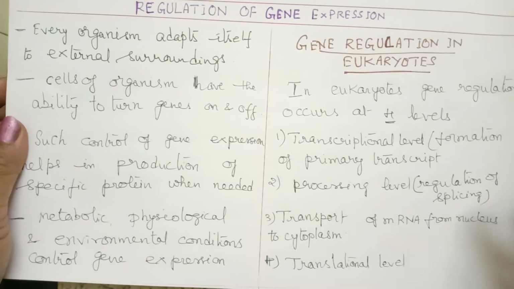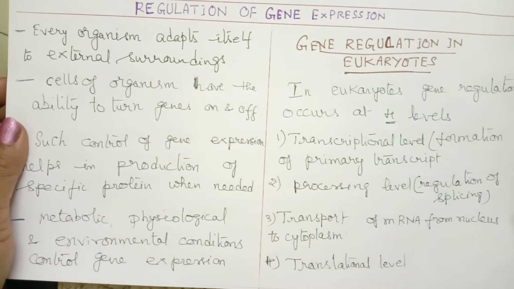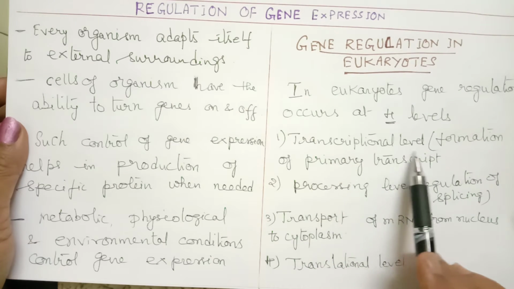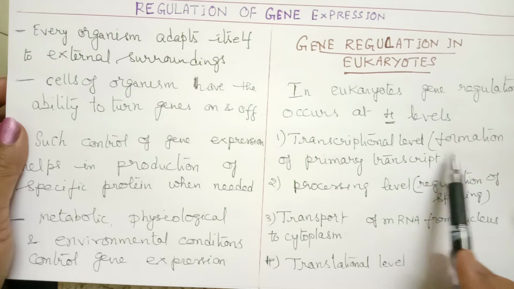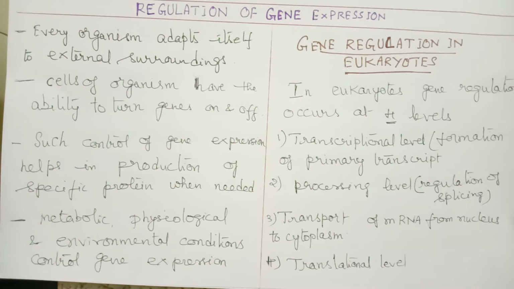Now in eukaryotes, we find gene regulation at 4 different levels. First level is the transcriptional level. That means formation of the primary transcript. What is a primary transcript? It is hnRNA, heterogeneous nuclear RNA. This we have done already in the transcription process.